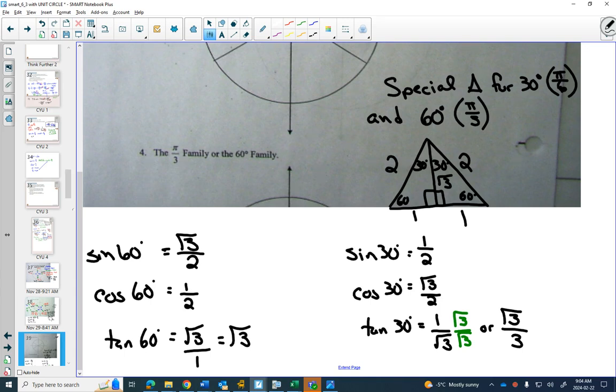And we get root 3 over 1, which is just root 3. So this will set us up to be able to do the pi over 3 family, which is the 60 degree family, and also the pi over 6 family, which is the 30 degree family.